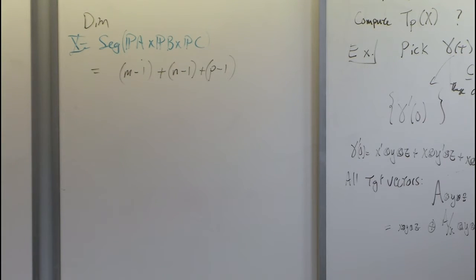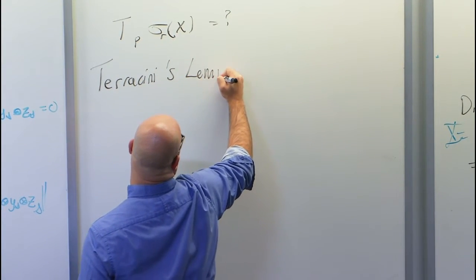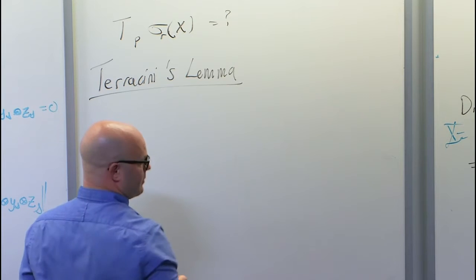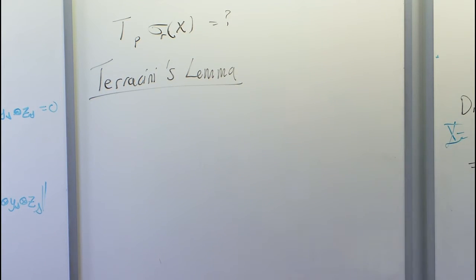So Terracini's lemma is the most useful tool in determining dimensions of secant varieties. And it's essentially just the sum rule for taking the derivative.